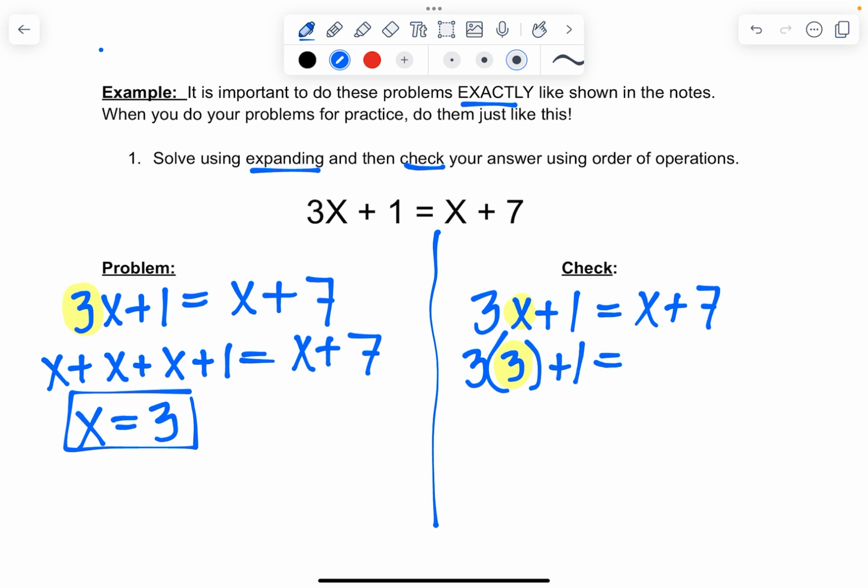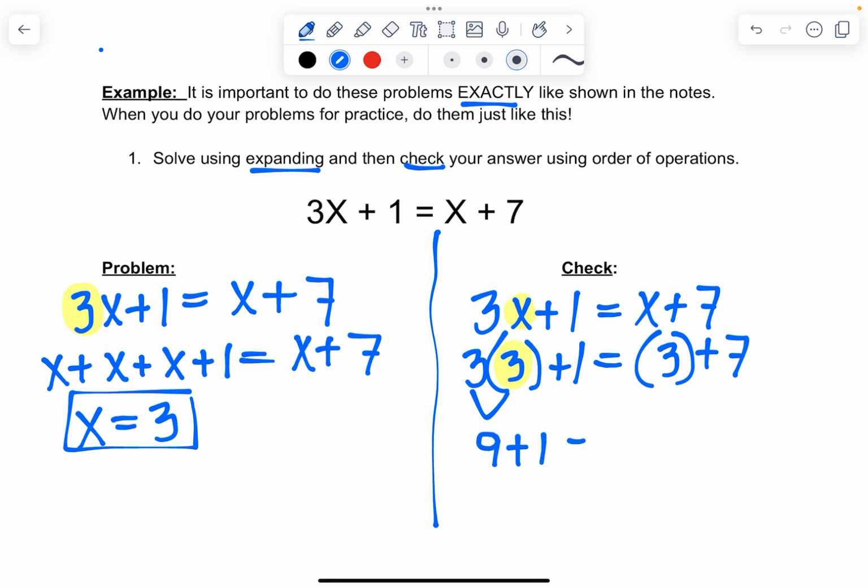Plus 1 equals, take out the x, put in a 3, plus 7. Now you're going to notice that the 3 and the 3 are next to each other. The only thing separating them is the parentheses, and that means multiplication. With order of operations, you always multiply before you add or subtract, from left to right. So 3 times 3 is 9.